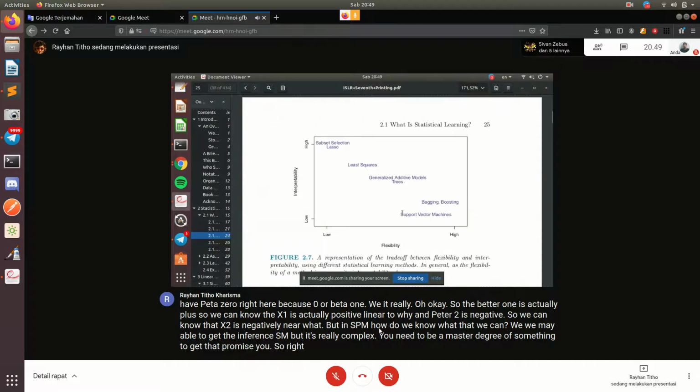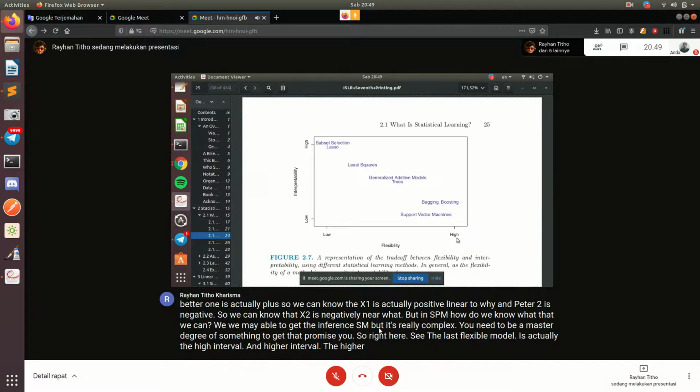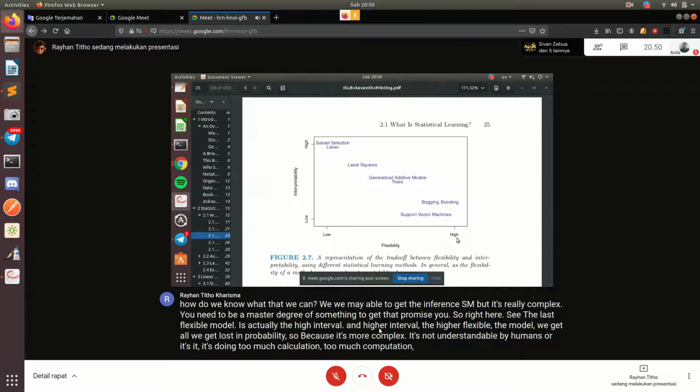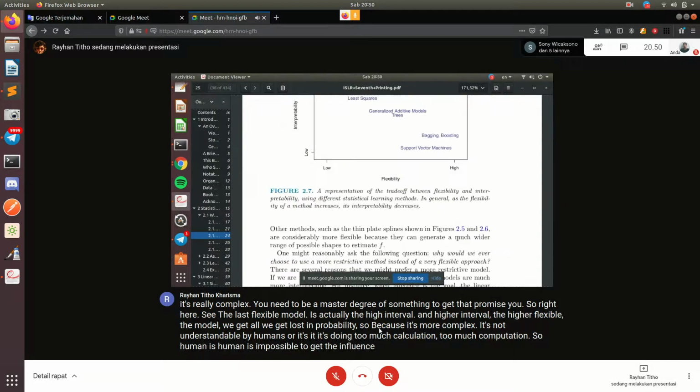So the less flexible the model is, the higher the interpretability, and the more flexible the model, the less interpretability we get. Because it's more complex, it's not understandable by humans, it's doing too much computation, so it's impossible for a human to get the inference from that.